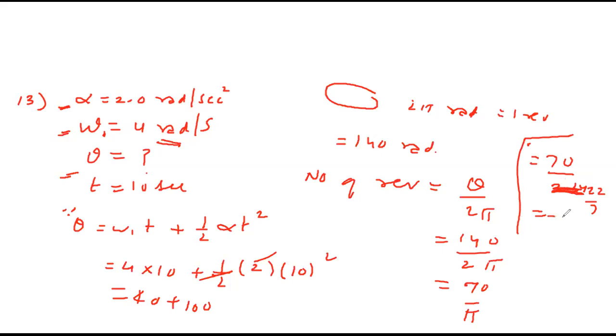So this will become 70 into 7 upon 22, which is 490 upon 22. 22 into 2 is 44, so 484. 484 is 22 square. B is the closest. So 22 only.